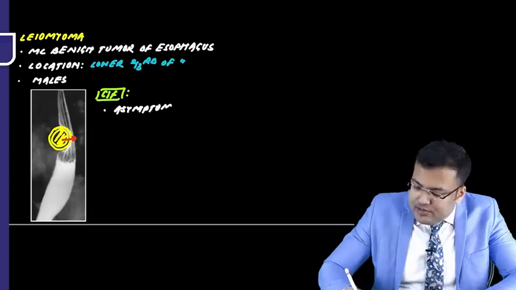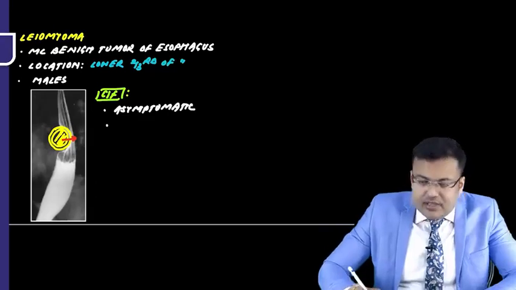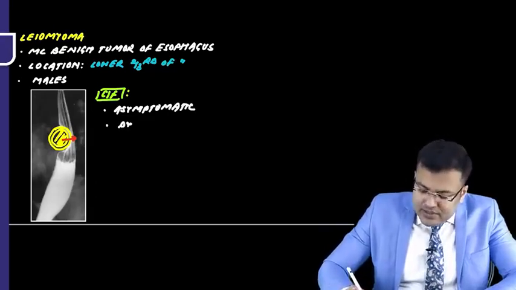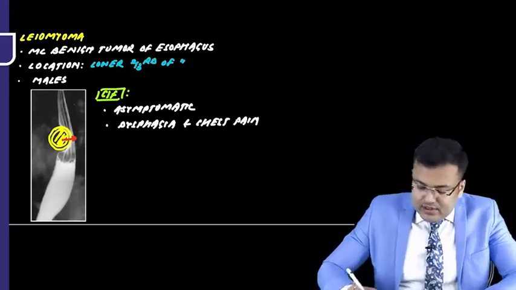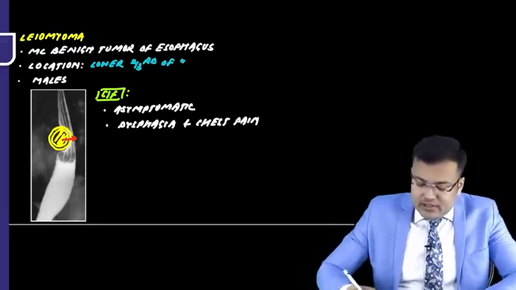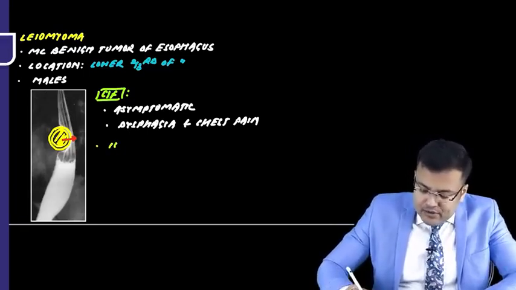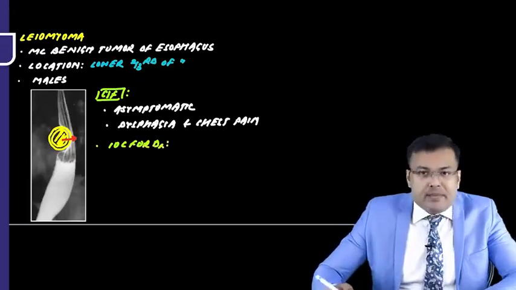Because of this luminal obstruction, the patient develops dysphagia and chest pain. You know what the investigation of choice is here? The investigation of choice for diagnosis is barium swallow.